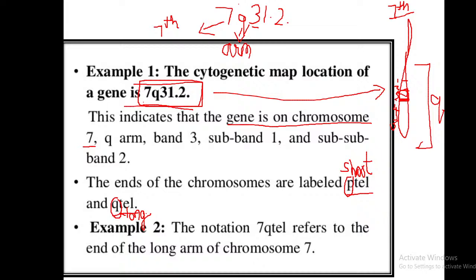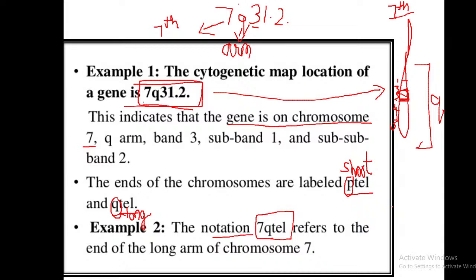So the ends of the chromosome are always labeled with TEL. Tel means the tip, or telomere, that's the tip of the chromosome. So PTEL is the tip of the short arm and QTEL is the end of the long arm. If the notation is 7QTEL, or 8QTEL, 9QTEL, or 1QTEL, anything can be there based on the number of the chromosome.